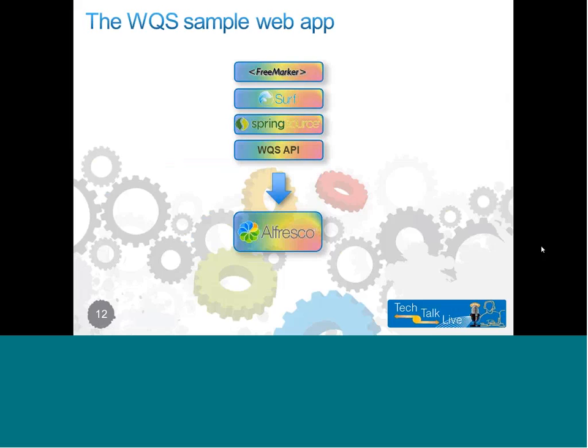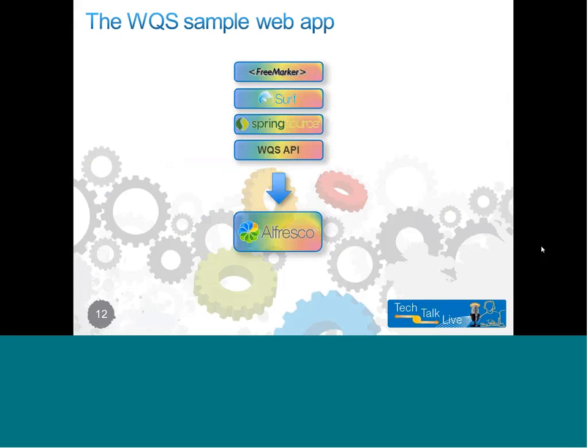Okay, so that was a whirlwind tour of what's going on at the repository layer. Now I'm just going to move on and have a look at what's happening in the website as this example. So this example is a website that's being built using the Surf framework, but that in itself isn't hugely important.